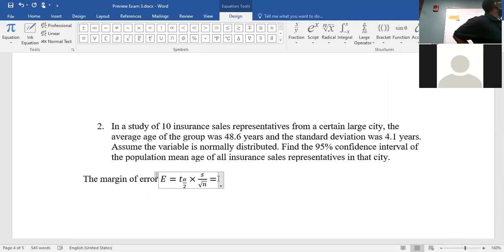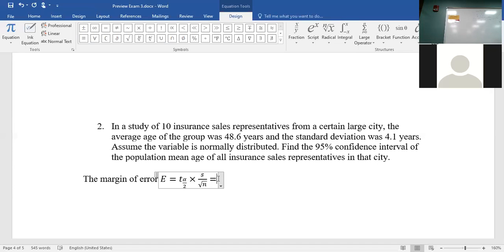What is the degree of freedom here? Nine and 95% confidence level. So what is t alpha over 2? No, it's not 1.96 now because sigma is not given.